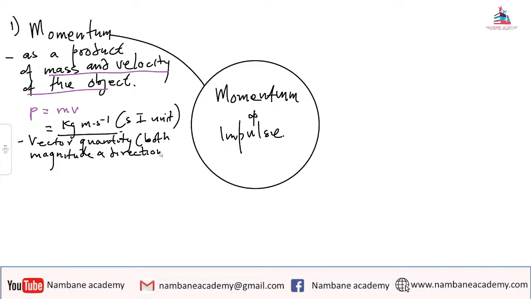So we cannot do problems related to momentum without choosing the correct direction. An incorrect direction will influence the final answer, and that is where we lose the majority of our marks.